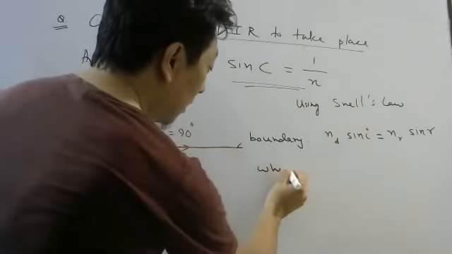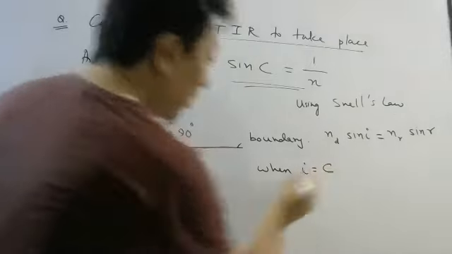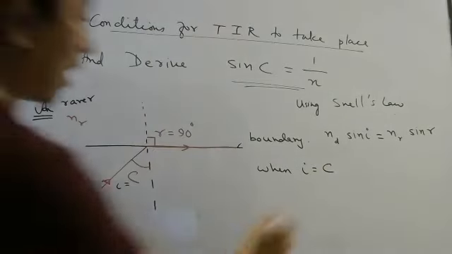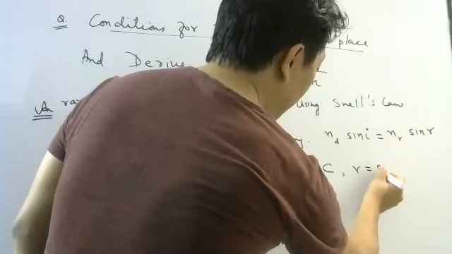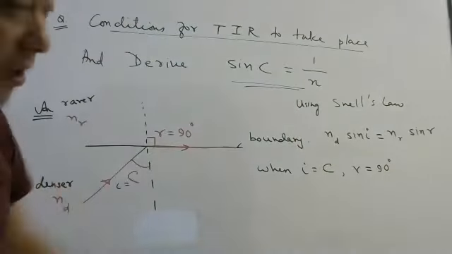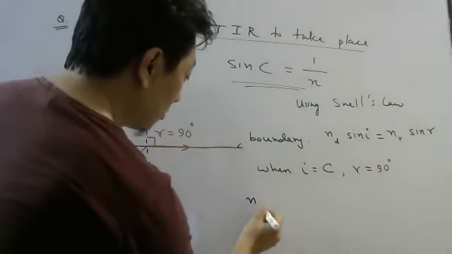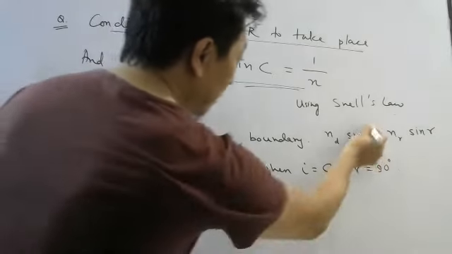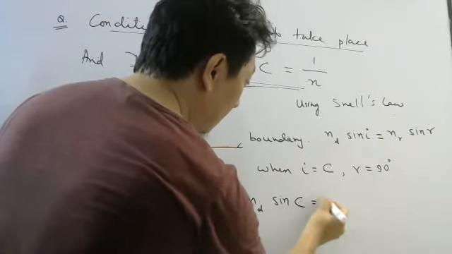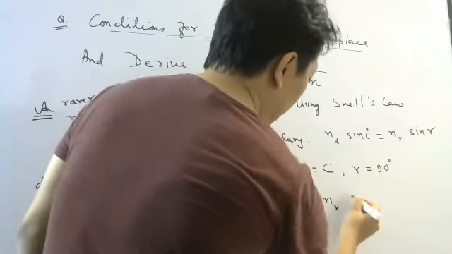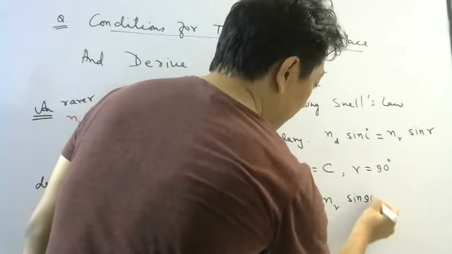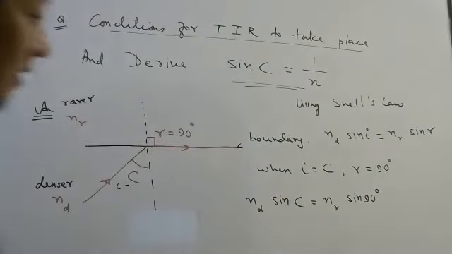When I becomes equal to the critical angle, R will be equal to 90 degrees. Okay, substitute this. So sine of I is the critical angle, R is 90 degrees. Right, sine 90 degrees is 1.